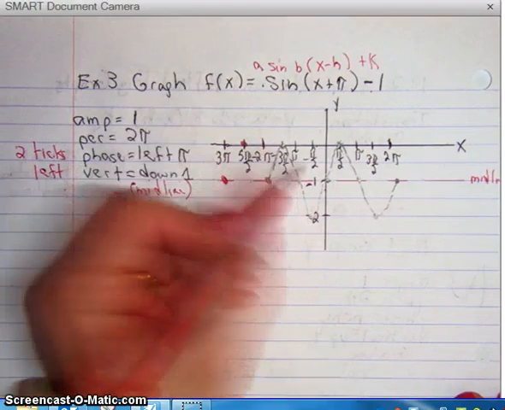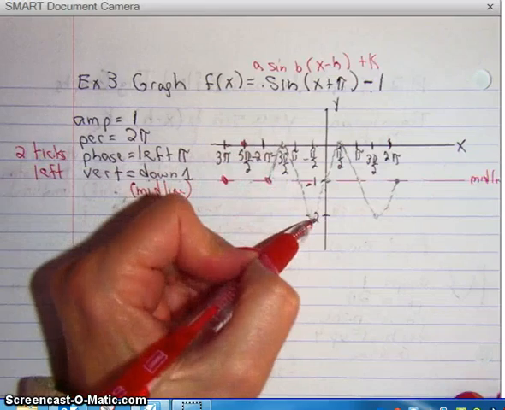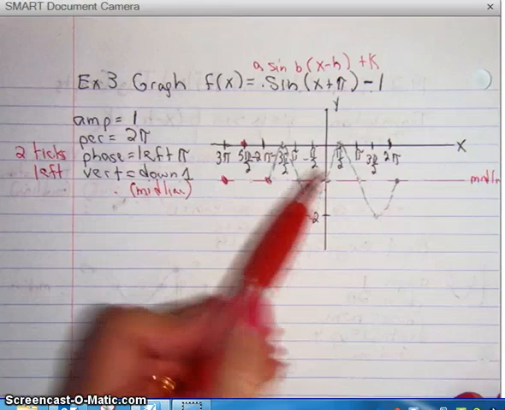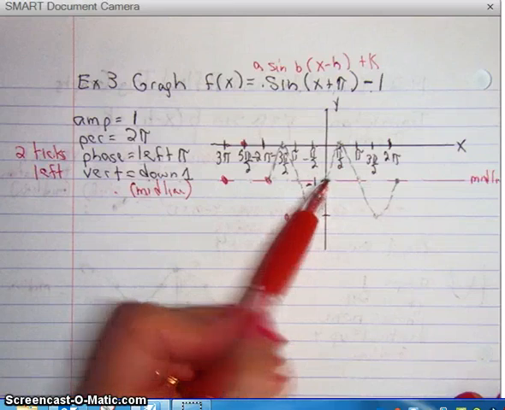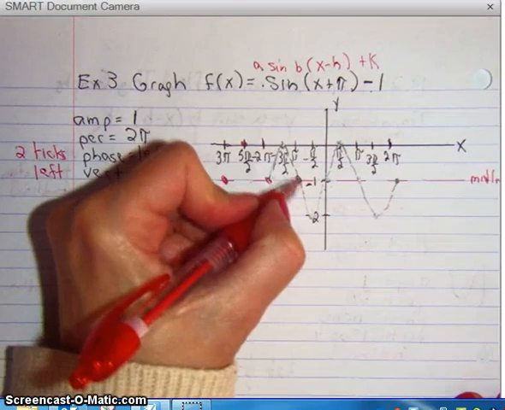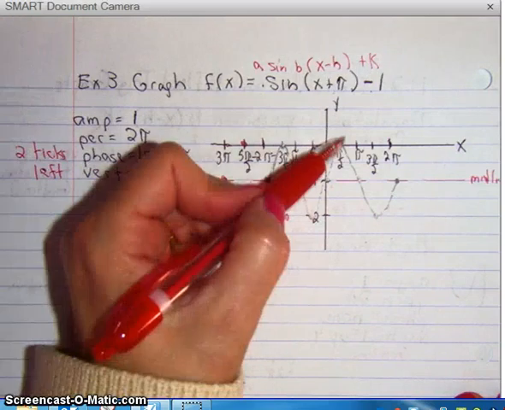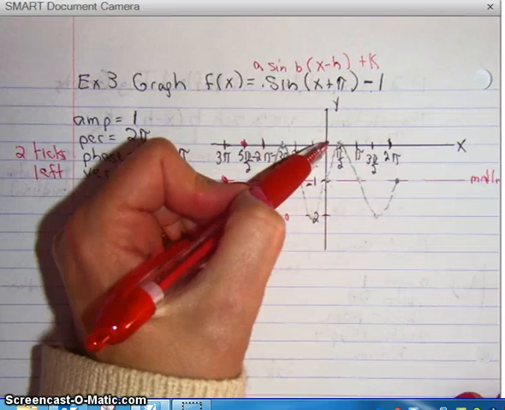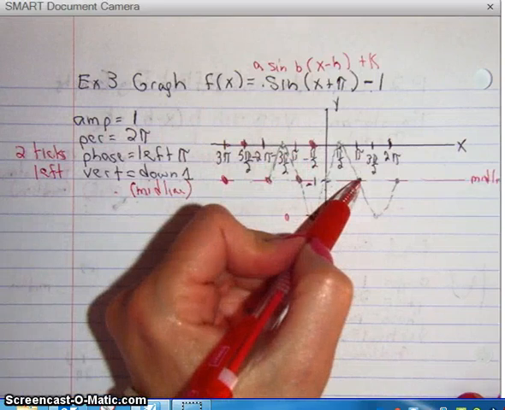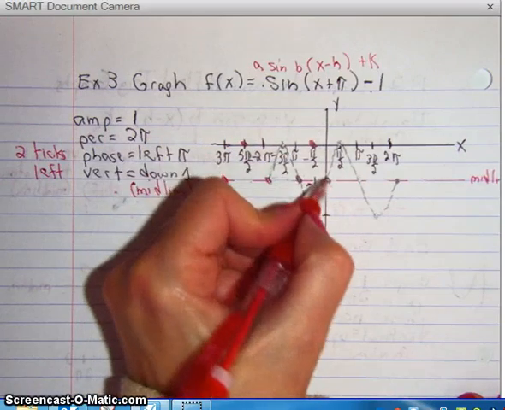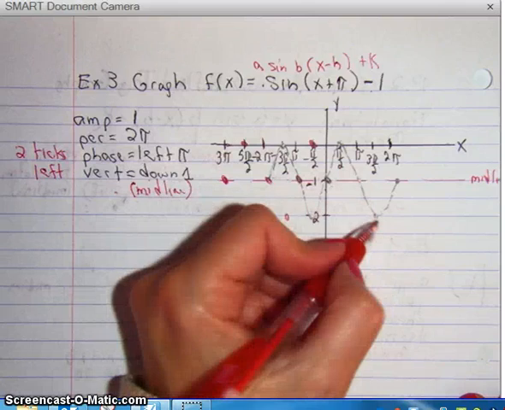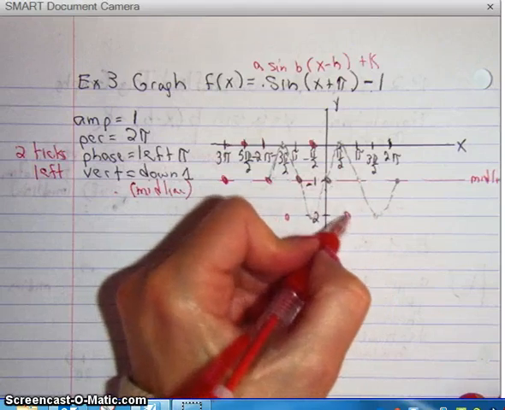This point, 1 tick, 2 ticks. This point, 1 tick, 2 ticks.